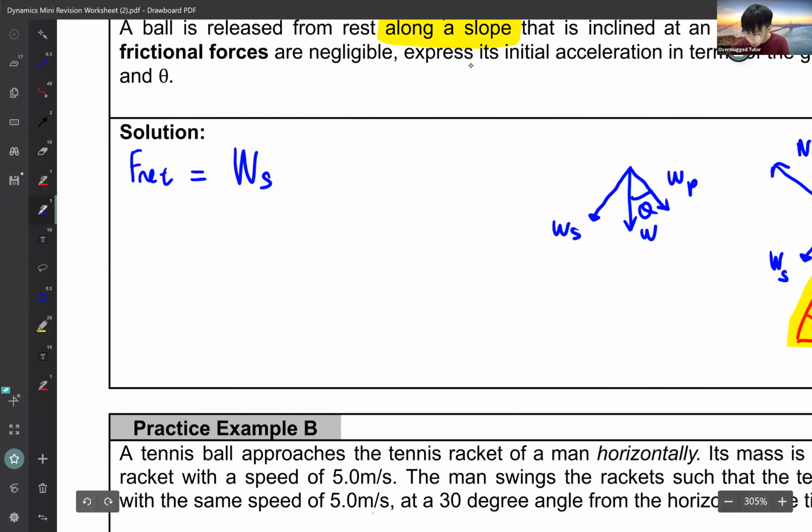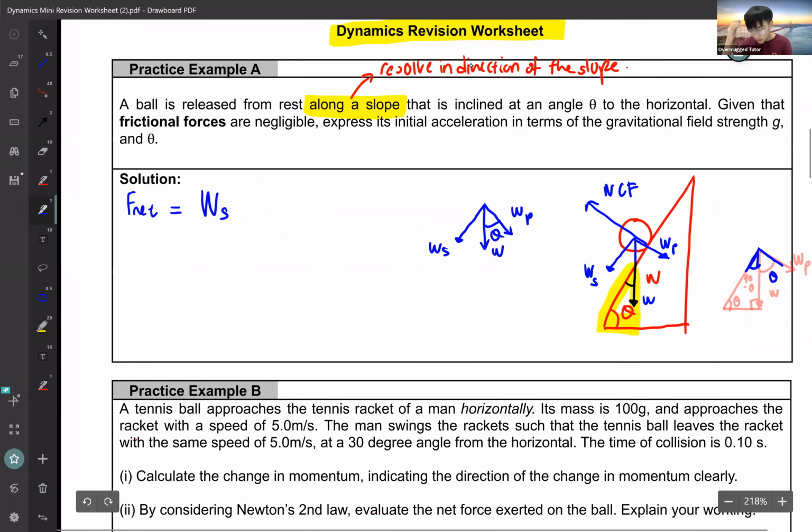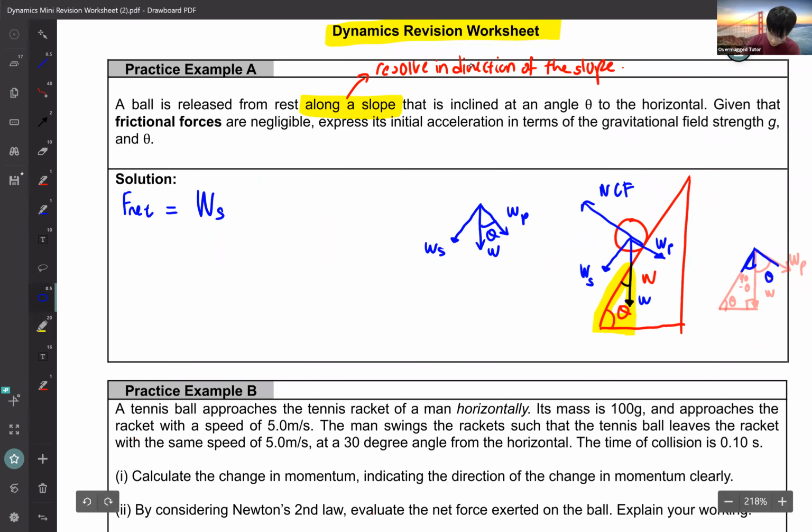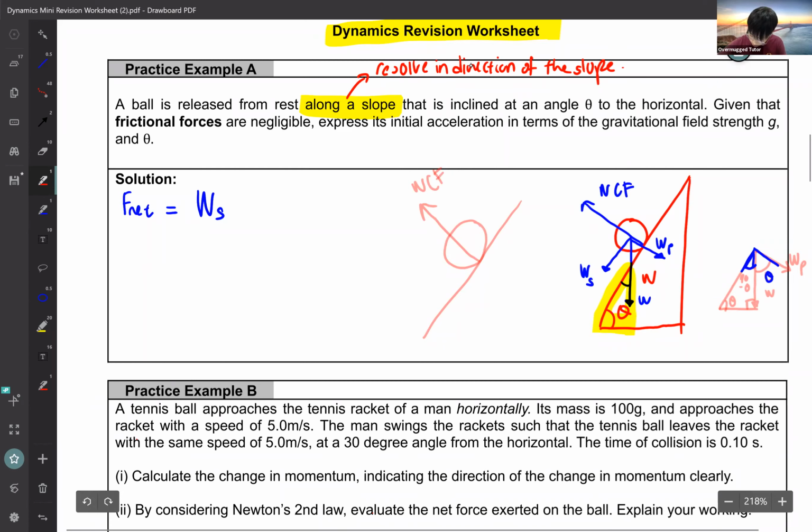Okay, in case you're wondering again, how come normal contact force is gone? Because if I were to draw normal contact force on the ball, this is the ball, I have to draw normal contact force. And I want to resolve along the slope. This angle is 90. So you take NCF and try to resolve it at 90 degrees. You won't get anything. You will get 0, because it's NCF cos 90.